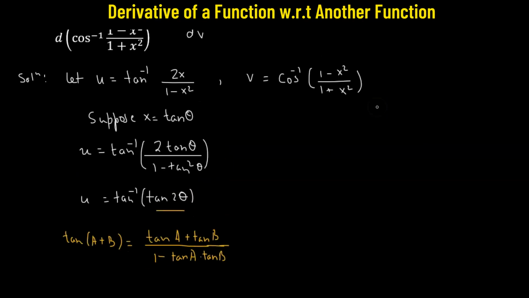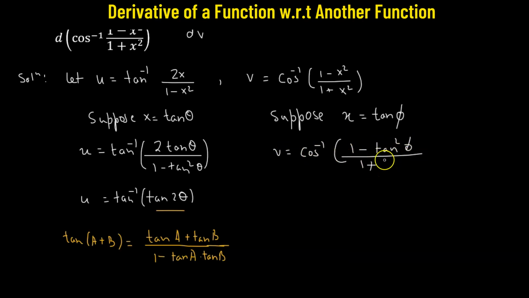We'll now try to simplify the expression for v. So here also we are going to make a trigonometric substitution. Let's say we are going to consider x to be equal to tangent of phi. Now that means we have v equals cosine inverse of 1 minus tangent squared phi divided by 1 plus tangent squared phi.